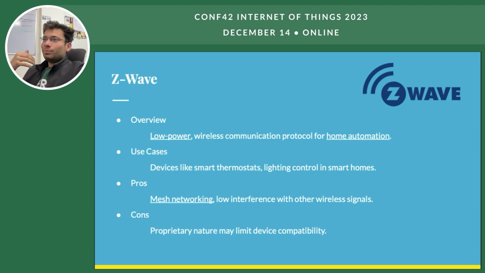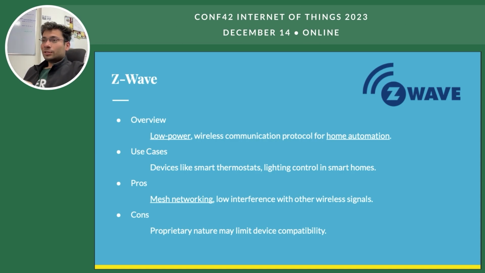According to me, in the war between Zigbee and Z-Wave, Zigbee has already won that war, and Z-Wave is slowly going out of the market. It also offers the same flexibility as Zigbee: low powered wireless communication, and it is also used in smart home scenarios, mesh networking, and all these things.